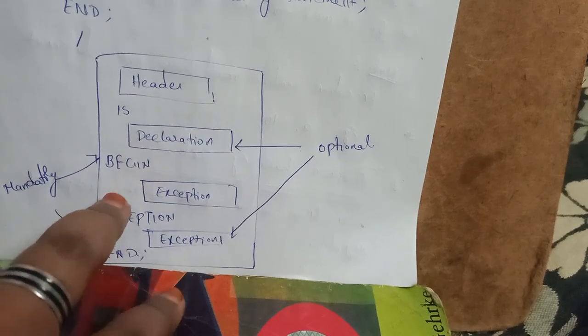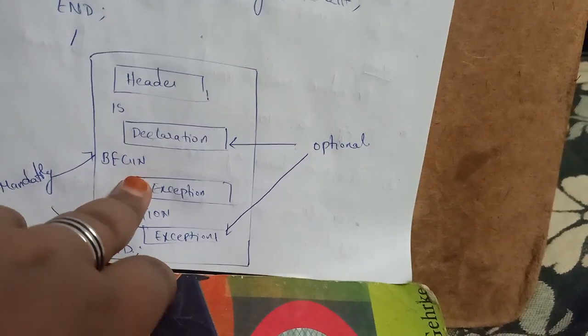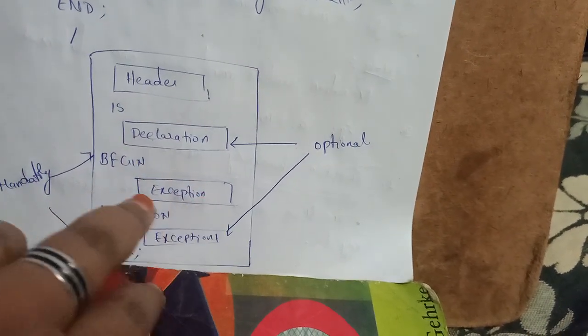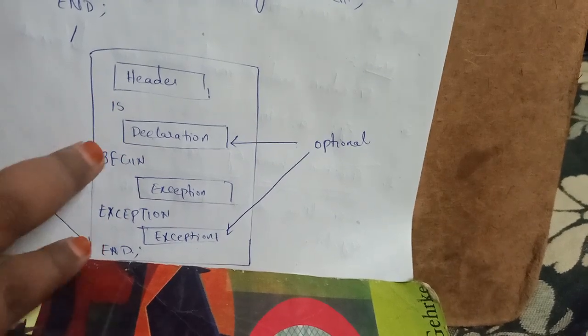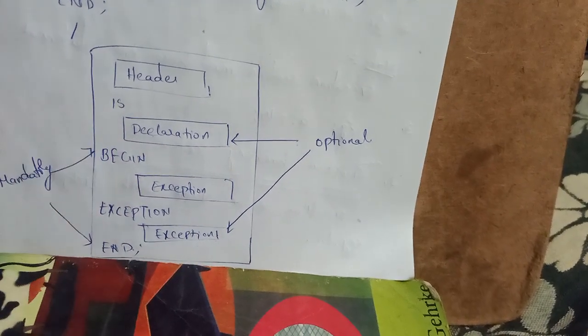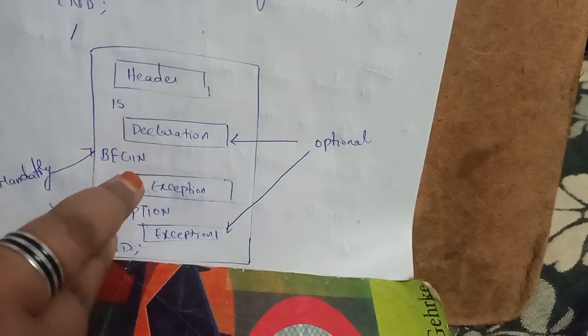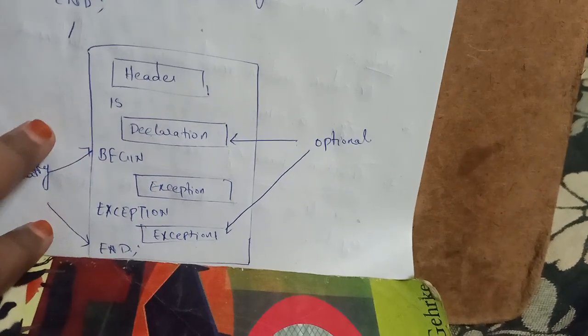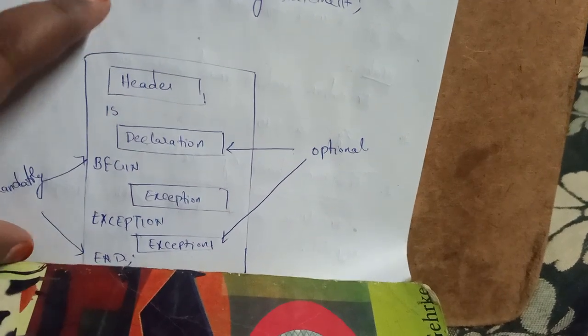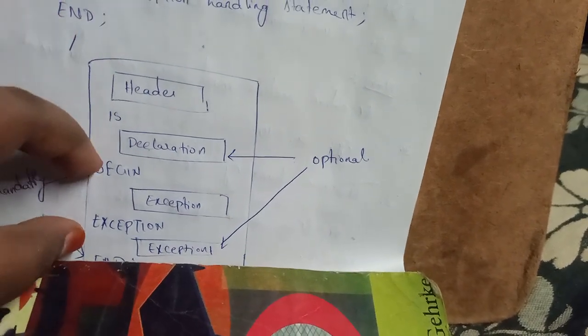In most programs we can declare directly in begin. So you just need to remember begin and end. These are mandatory. In begin we write the code, and end is mandatory to end. In this block only begin and end are mandatory.